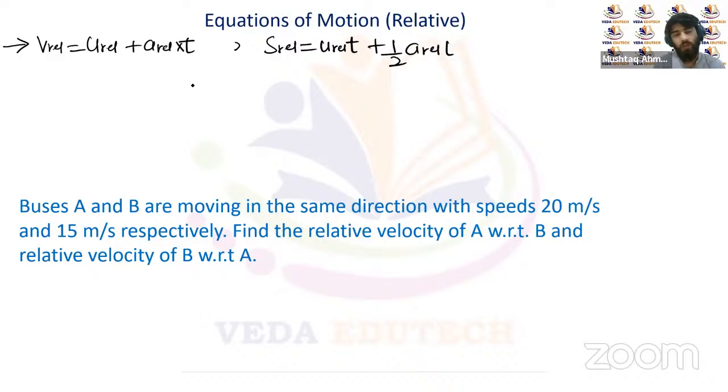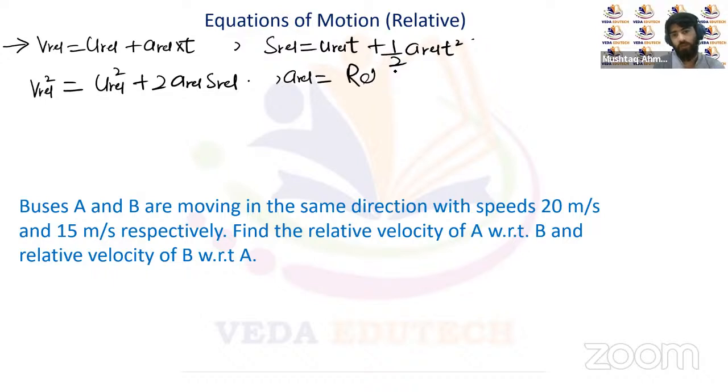Or we can write v relative square equal to u relative square plus 2 a relative s relative. So s relative is the relative displacement, u relative is the initial relative velocity, and a relative is the relative acceleration.